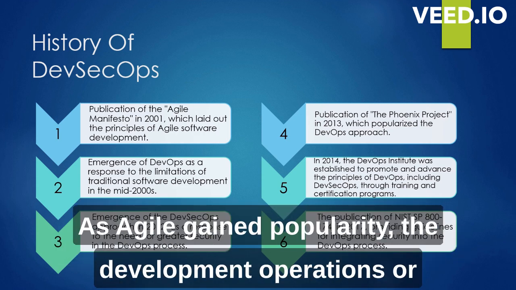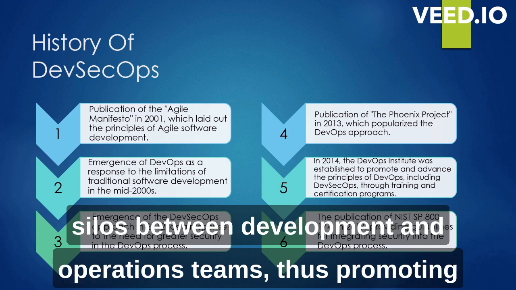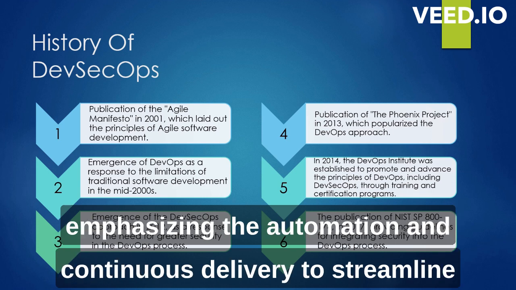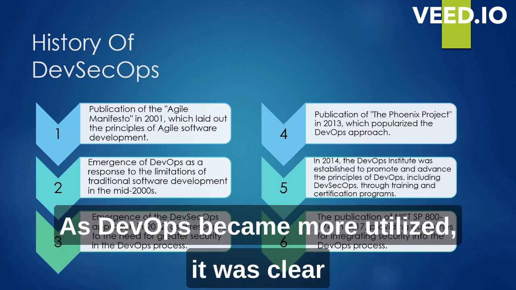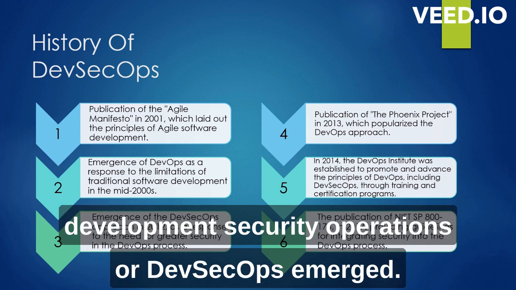As Agile gained popularity, development operations, or DevOps, emerged with its aim to remove the silos between development and operations teams, thus promoting collaboration and communication between the teams, and also emphasizing automation and continuous delivery to streamline the software development process. As DevOps became more utilized, it was clear that security was an afterthought, and so development security operations, or DevSecOps, emerged.